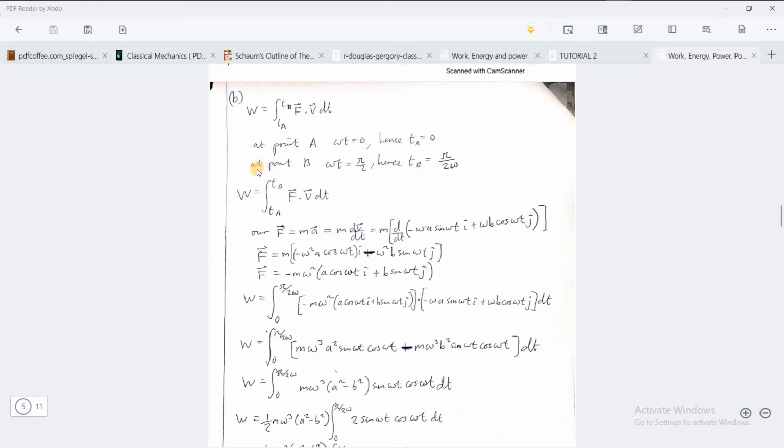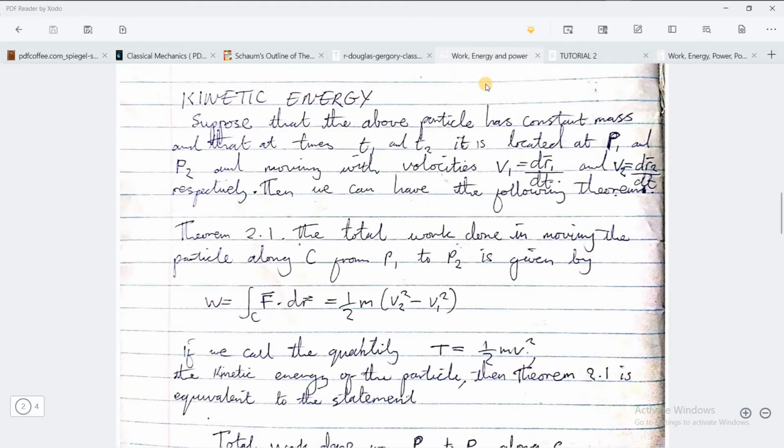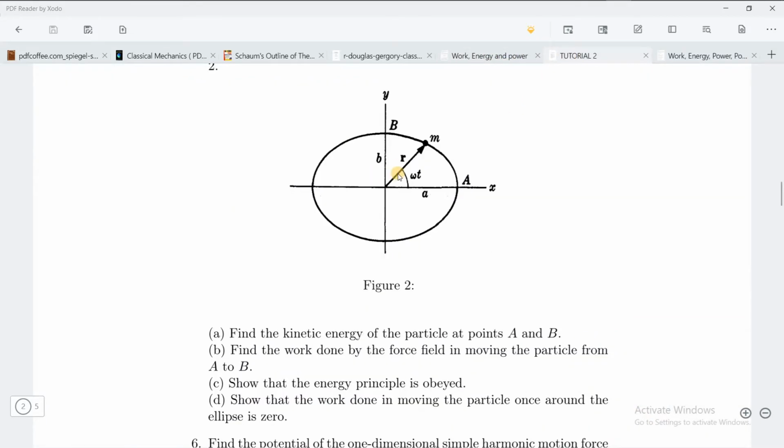And then at point B, omega t is just pi over 2. In case you're wondering what omega t is, it's just this angle here. At point B it is pi over 2 because the particle has moved an angle of 90 degrees, which is pi over 2.